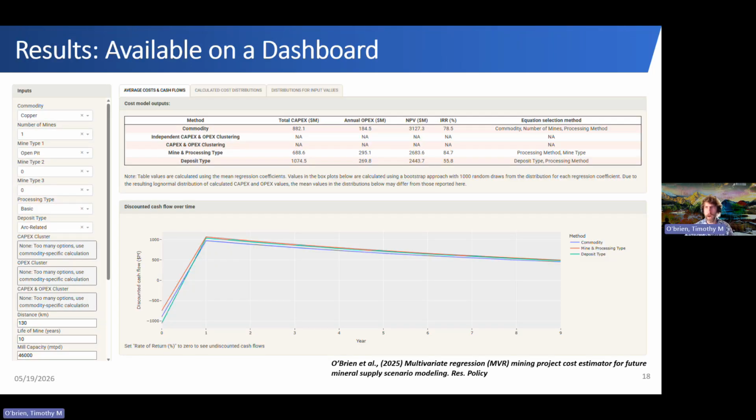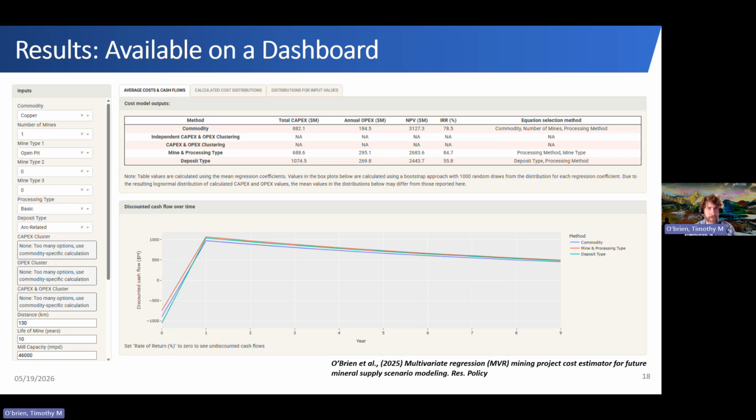So all in all, I think a little over 400 different equations were produced, and each one could be utilized and put into whatever model you are developing. But also one of my colleagues and co-authors, John Ryder, put together a really great dashboard where you can model individual projects.